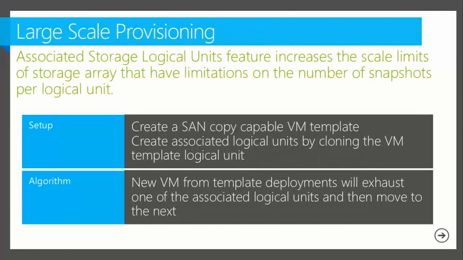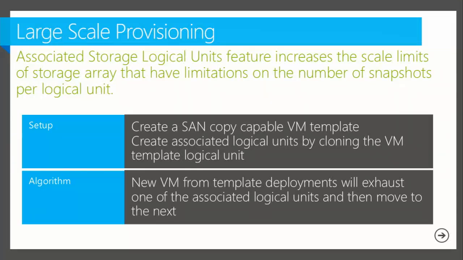So we started working with this, and one of the interesting bits of information is that depending on the array, they might have some limit on the number of snapshots per LUN. Some of them 64, others are 256. So we implemented this feature called allocated LUNs, which are clones of a LUN that you can associate with a template.